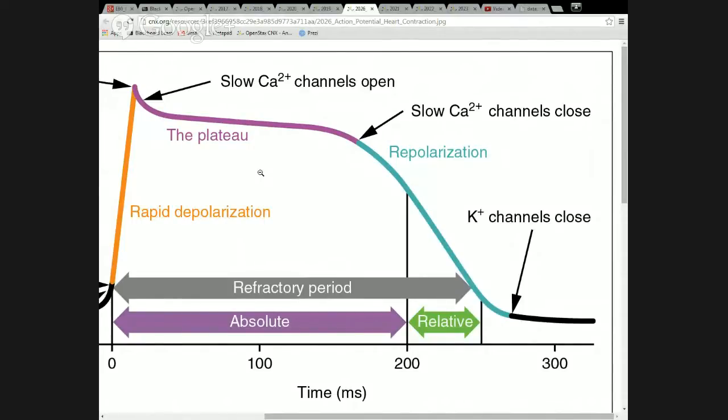Tropomyosin, which moves because calcium binds to troponin, which sounds a lot like tropomyosin. Calcium binds to troponin, that moves tropomyosin out of the way. Myosin heads can bind to actin, and the sliding filament thing happens.